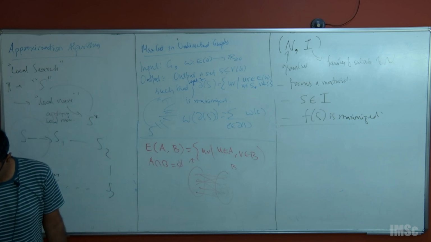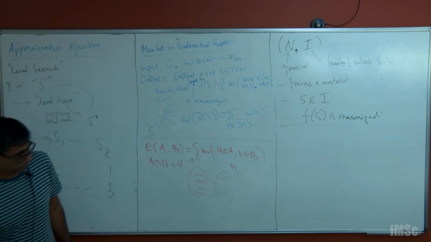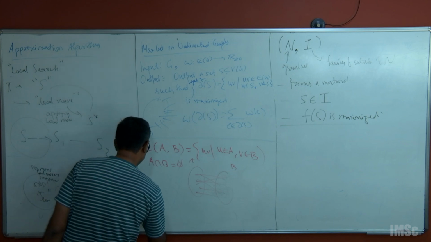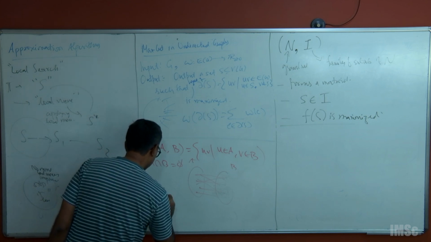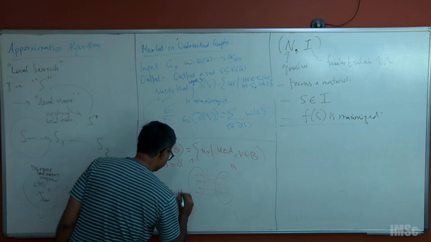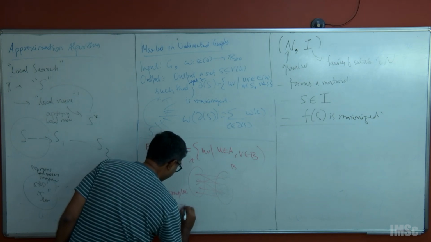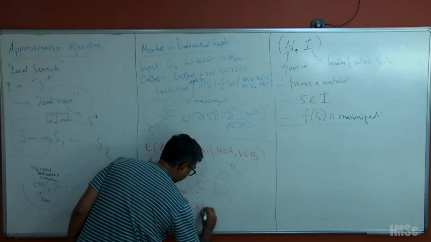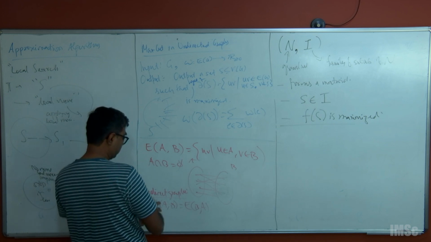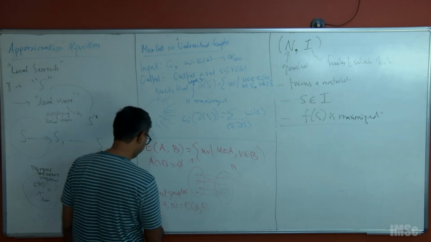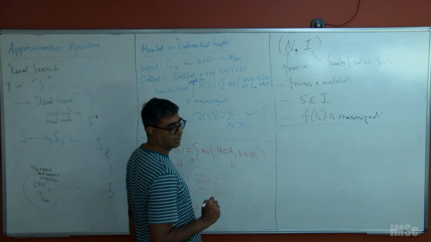Notice that for undirected graphs, E(A, B) is the same as E(B, A). But for a directed graph, what does E(A, B) mean? I will have to define that accordingly, and we will define it when we get there.